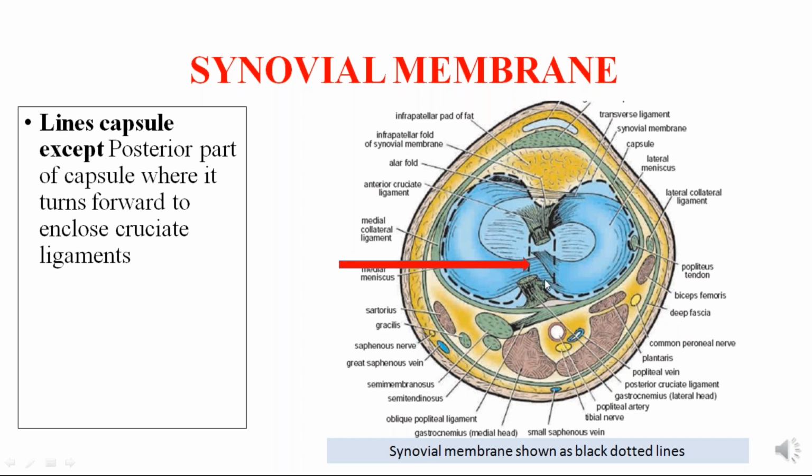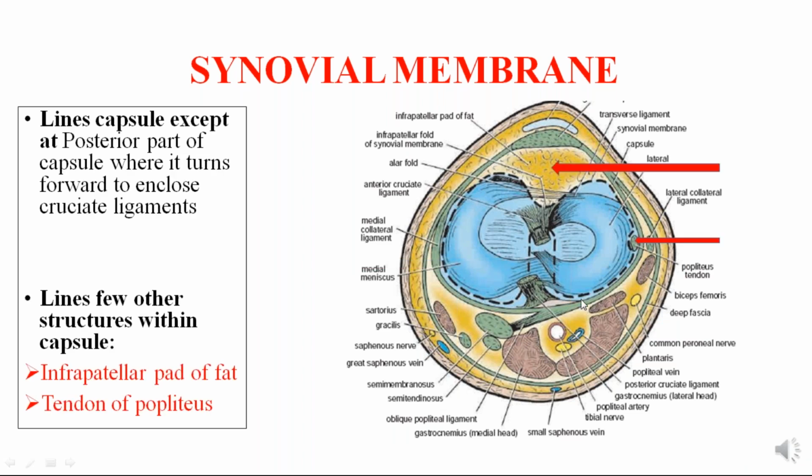This is the posterior part of the capsule, where the synovial membrane is not lining the capsule, but gets reflected in the forward or anterior direction and encloses both the posterior cruciate ligament and the anterior cruciate ligament. So apart from lining the capsule, the synovial membrane also lines a few structures which are within the capsule.